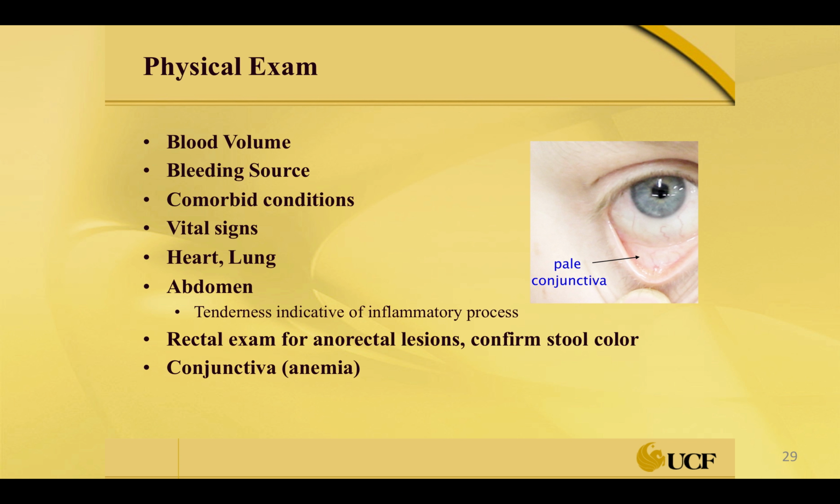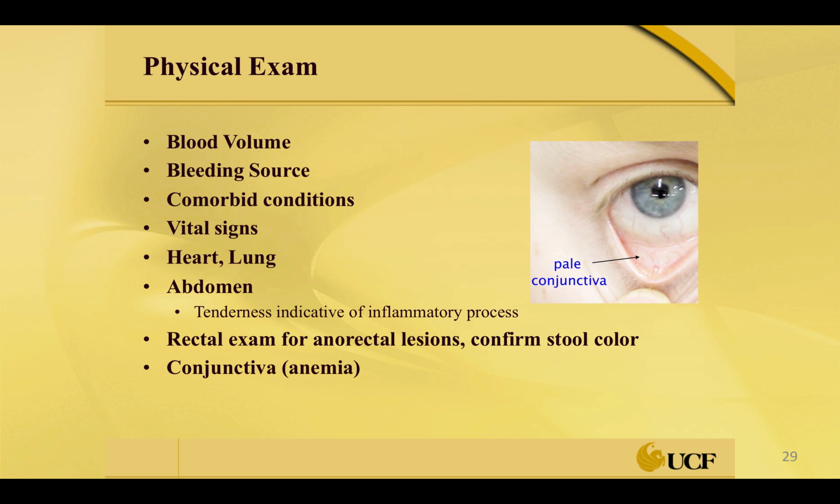Our physical exam is going to concentrate on identifying signs and symptoms of blood volume depletion or hypovolemia. We're going to concentrate also on examining the bleeding source, determining comorbid conditions, taking good vital signs, and listening to the heart and lungs.